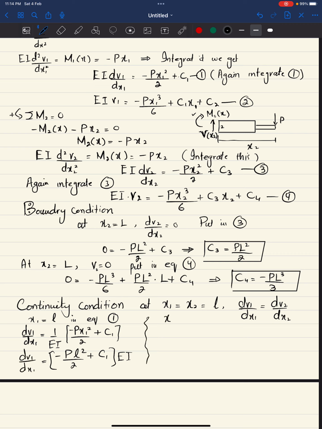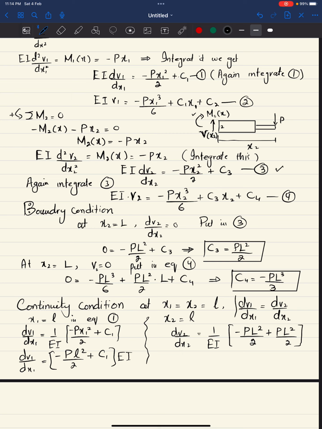Similarly, at x2 is equal to L, you can use equation number 3. So dv2 over dx2 will be equal to 1 over EI into minus PL square over 2 plus C3, which is PL square over 2.